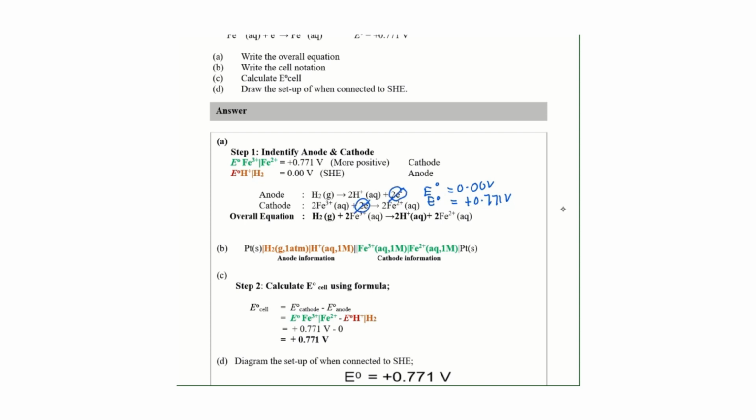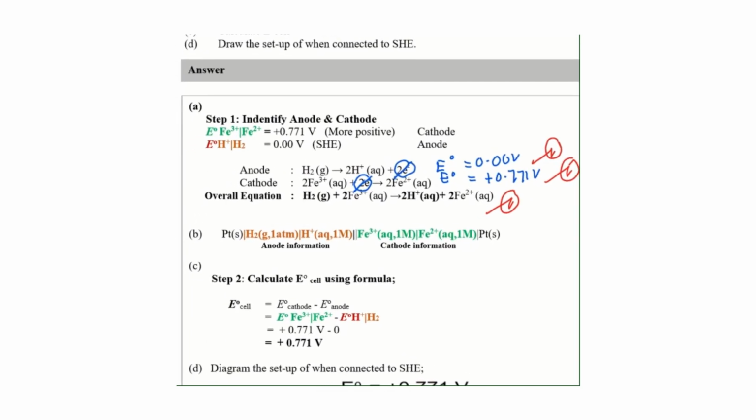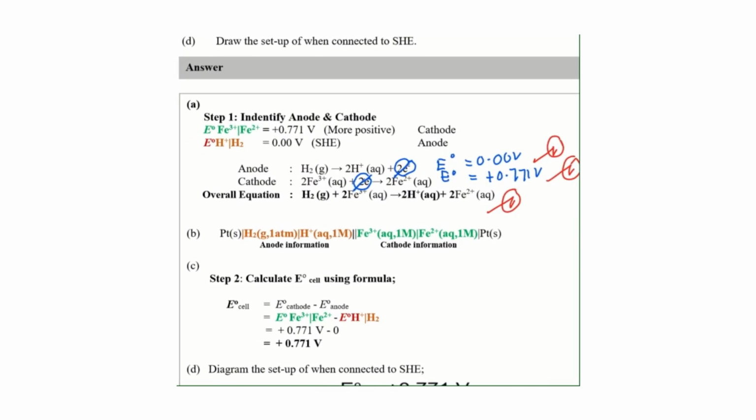Then kita akan dapat overall equation. So marks here 3 marks. B, cell notation as it is. So at the left side we have hydrogen because anode, right side cathode because iron.